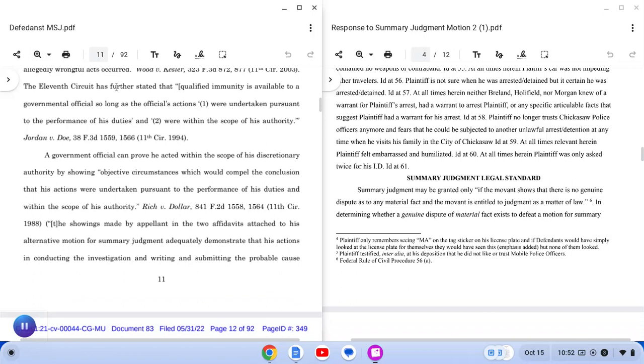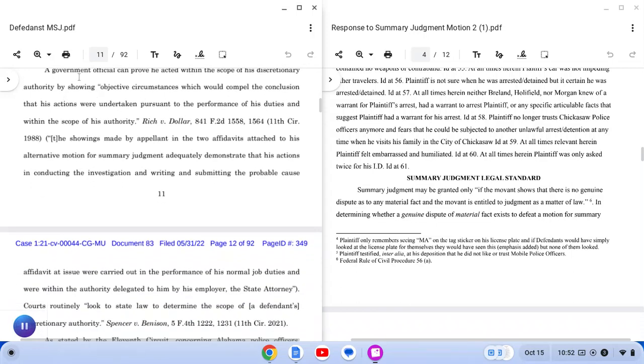The 11th Circuit has further stated that qualified immunity is available to a governmental official so long as the official's actions were taken pursuant to the performance of his duties and were within the scope of his authority.